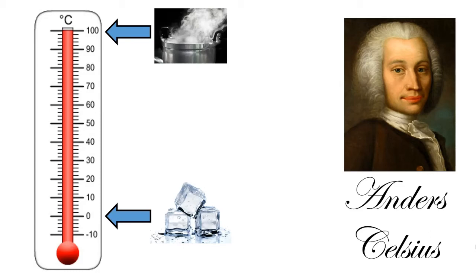So the point at which water freezes to become ice, he said, that's what I'm going to make 0 degrees C. And the point at which water boils to become steam, I'm going to make that 100 degrees C. And then there are 100 divisions, 100 counting steps, I guess, in between those 2 points. And so that's why it becomes known as centigrade, because cent means 100.